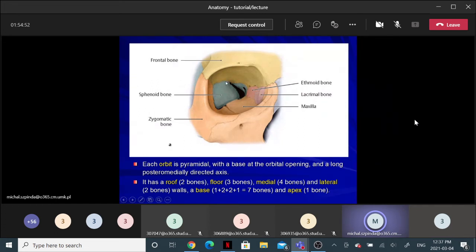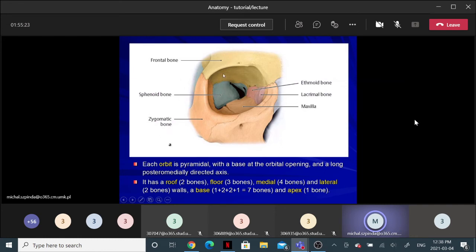The lateral wall is strongly oblique because it joins the medial wall at an angle of 45 degrees. So it's neither frontal nor vertical, just in the middle.